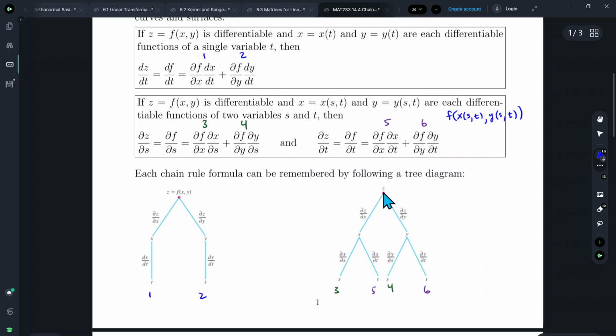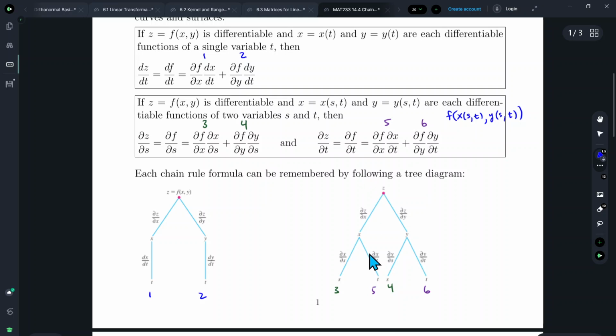So there's 2 possible paths, this path here, and then this path here. And then each separate path is added together, and within the path, that tells you how to write down the derivatives: dz ds, or df dx, dx ds, df dy, dy ds. So that's this formula here.